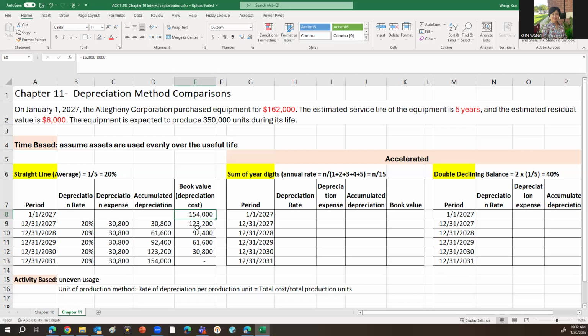It decreases by the annual depreciation expense and reaches zero when we finish. Okay, that's the overview of straight line. After we really understand the columns, it will be easier for us to do the other approach, like the accelerated.